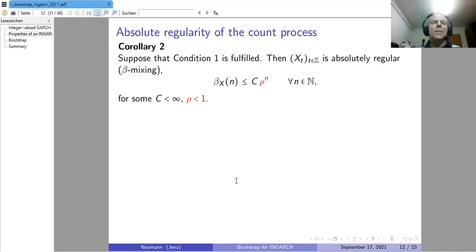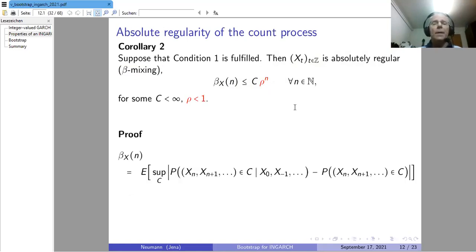Mixing properties. Again, under condition 1, we can show that the count process is absolutely regular or beta mixing, and that the corresponding mixing coefficients decay at an exponential rate. Here's a sketch of the proof. This is a formal definition of the mixing coefficients.